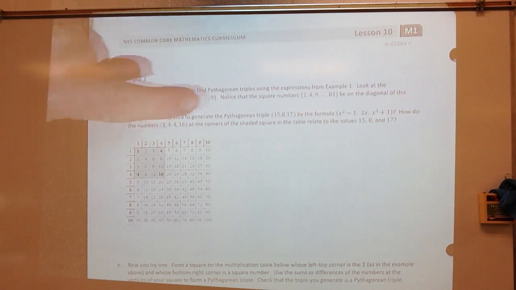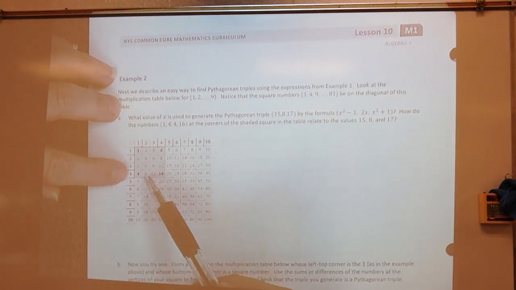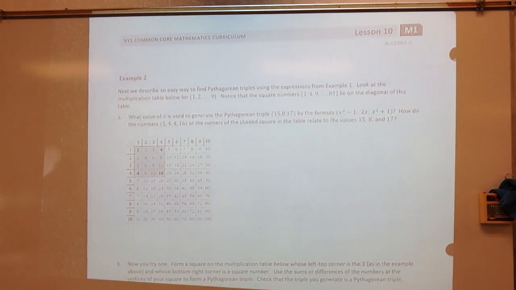So here's my square. I can do 16 minus 1, 16 plus 1, and then add my corners, my 4 plus 4.